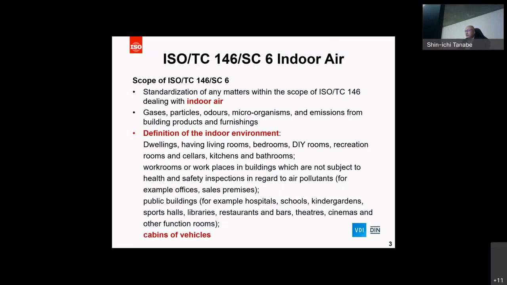The definition of the indoor environment is very wide, so not only buildings and homes, but we also include the cabins of vehicles. Now a lot of standards are coming for vehicle cabins about chemical emissions and others.